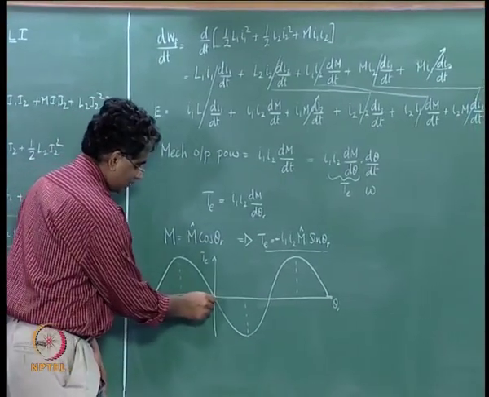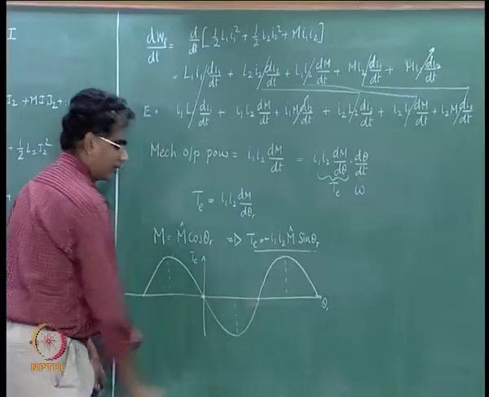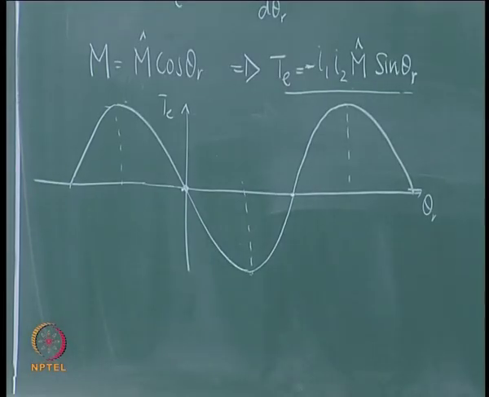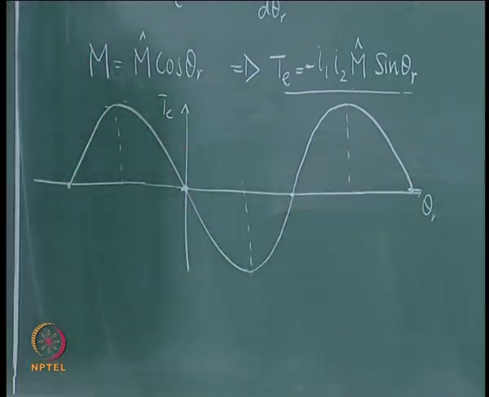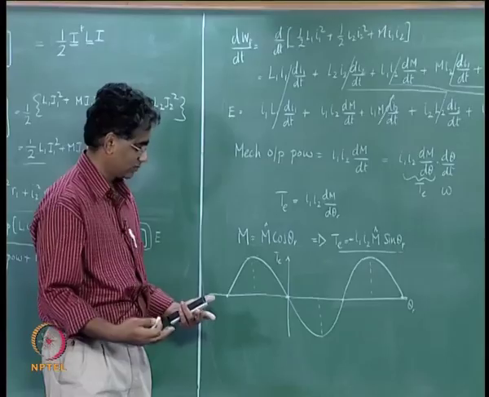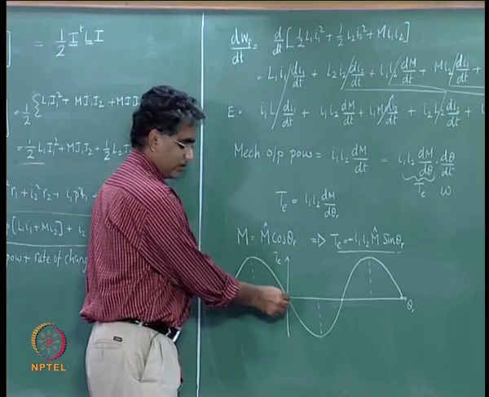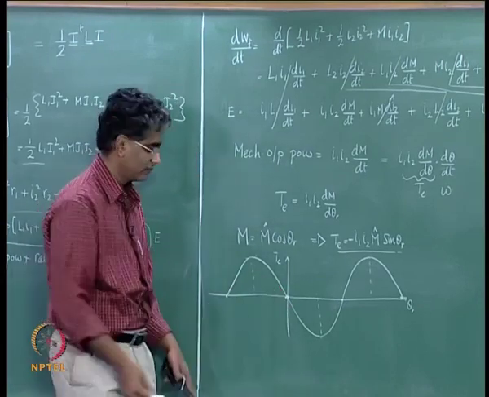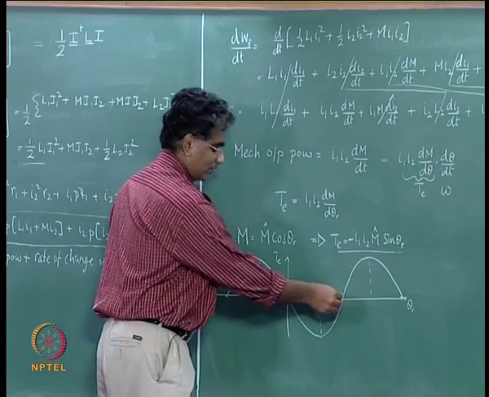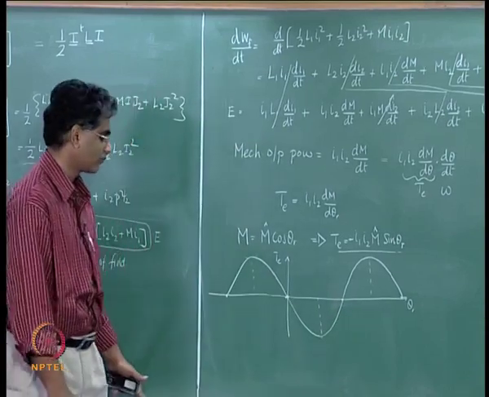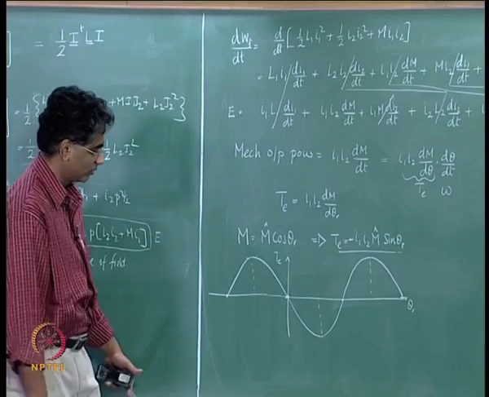Now if you see this, at this point and this point the generated torque is 0. So it is here and here as well, which means one would think that if the rotor is at this angle, there is no tendency to move. But let us look at it a little more closely.